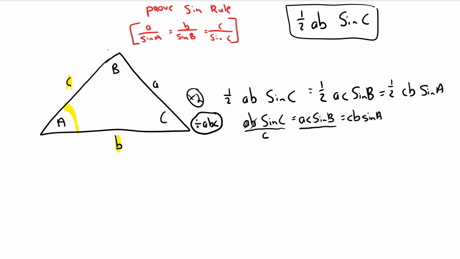And if I divide this, ac sine B, by abc, the a and the c will cancel each other out and I'll be dividing by b. And if I divide this by abc, the c and the b will cancel each other out and I'll just divide by a. So what I'll be left with is sine C over c equals sine B over b equals sine A over a.